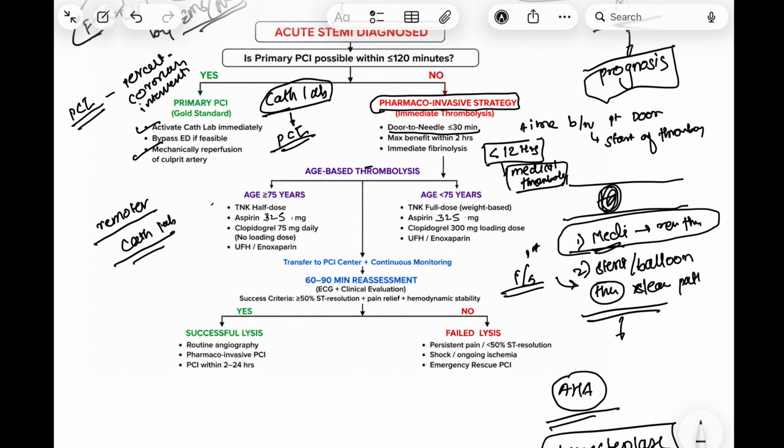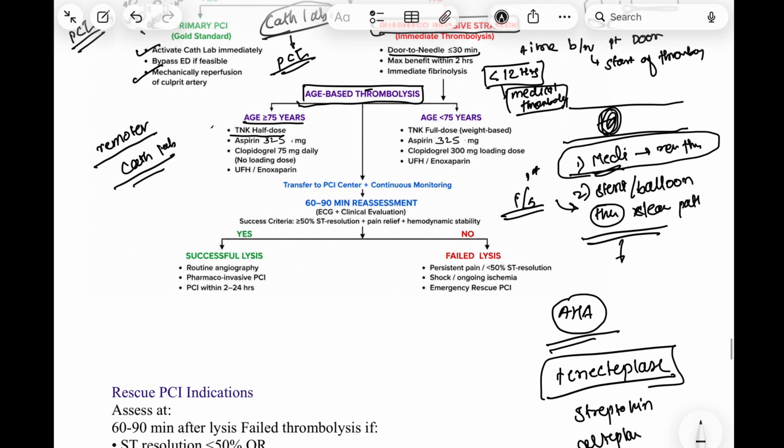Now, AHA has defined a particular criterion to thrombolyse patients according to age, so there is age-based thrombolysis. Suppose your patient is more than 75, then we will thrombolyse with half of the dose. Right now, we use tenecteplase as a 0.5 mg per kg bolus.